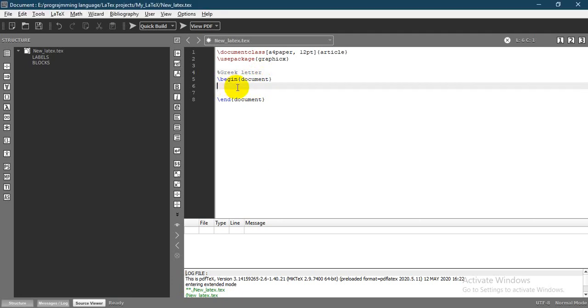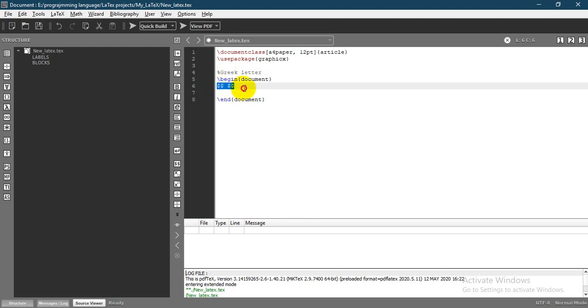So in order for you to write these Greek letters, the first thing to put in mind is that we initially introduced that Greek letters have been used in mathematics and physics. The first thing to put in mind is that when you want to introduce them, write them in math mode. So I'm going to write multiple math modes here.